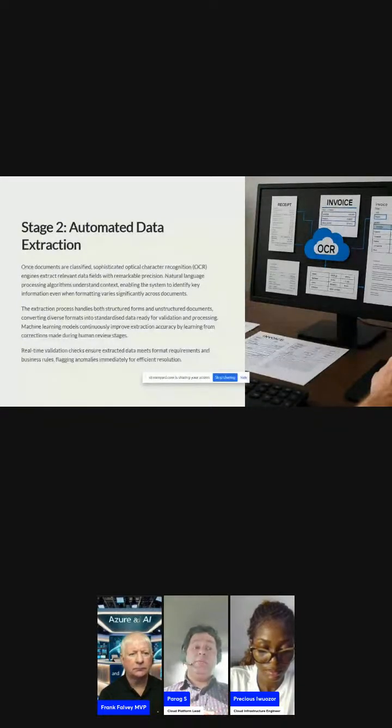The extraction process handles both structured forms and unstructured documents. This is really key because it can process all this data, make it available, and go through the accuracy checks and reviews before it involves the human at a later stage if need be. Real-time validation checks ensure extracted data meets format requirements and business rules, flagging anomalies immediately for efficient resolution.